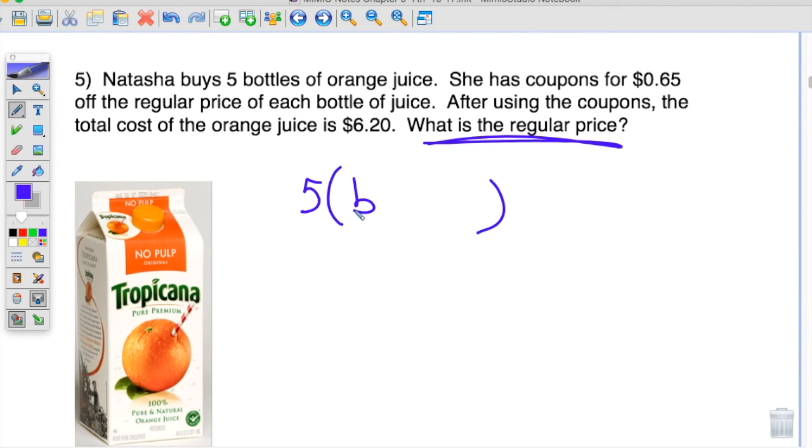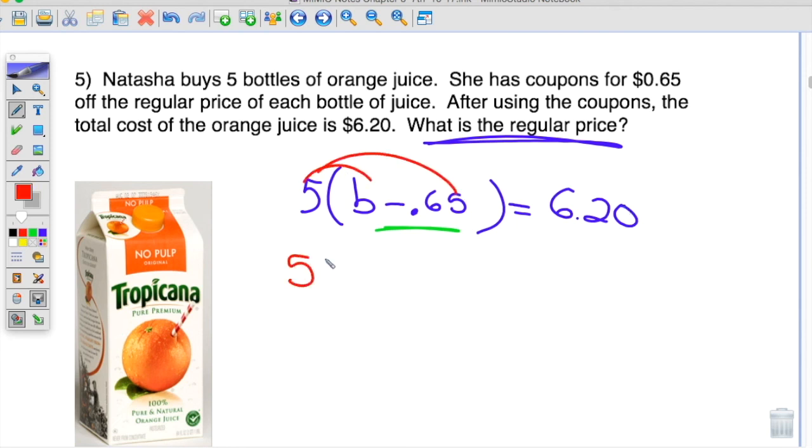B will represent the regular price, and then we're going to minus the 65 cents. That's the coupon. The regular bottle minus the 65 cents, that'll give us the total of 1 bottle. But we're buying 5 of them, and the total is equal to $6.20. We have to distribute.